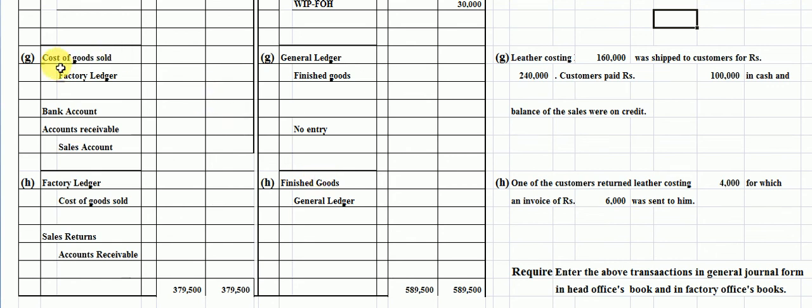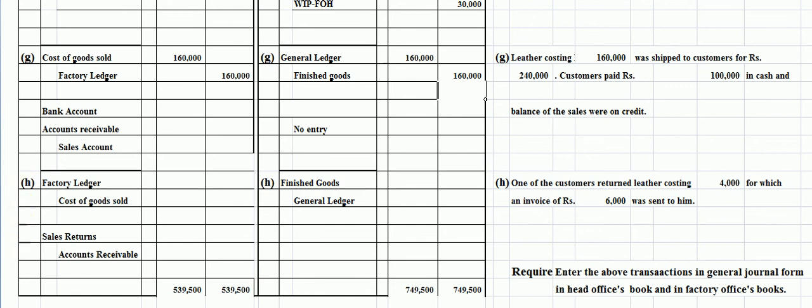Cost of goods sold is debited and general ledger is credited, 1,60,000 rupees. In the book of factory, the general ledger is debited 1,60,000 rupees and finished goods is credited 1,60,000 rupees. Student, this is the transaction which belongs to the G part.